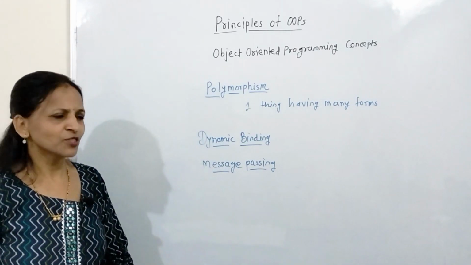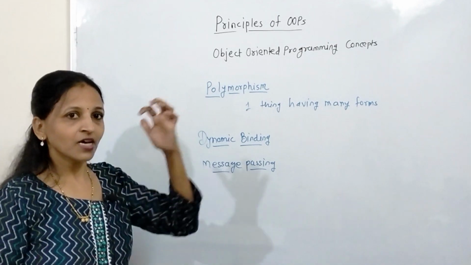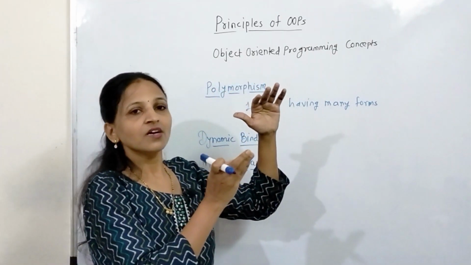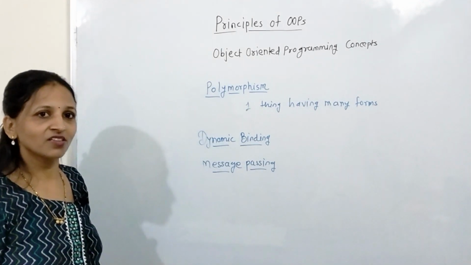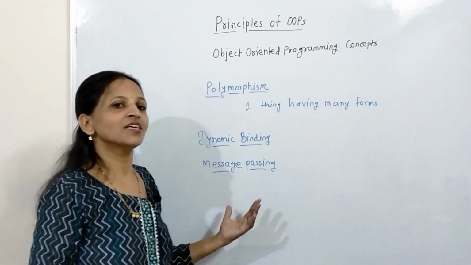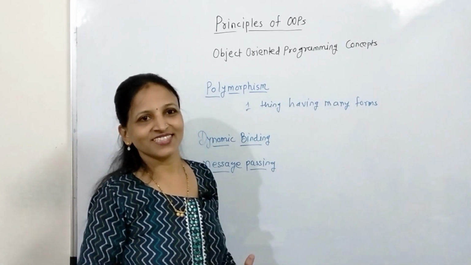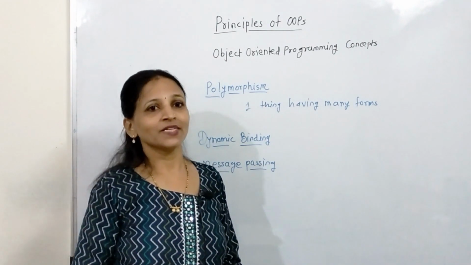Methods mean those functionalities, whatever functions we have written inside the class. A class is a combination of attributes and functionalities. Those functions we can call are nothing but member functions. Calling member functions means just passing messages. Getting? These are all the object oriented principles you must know.